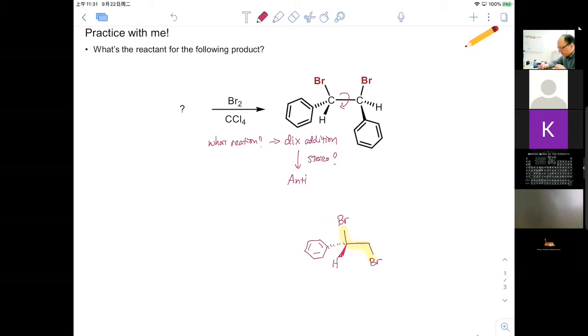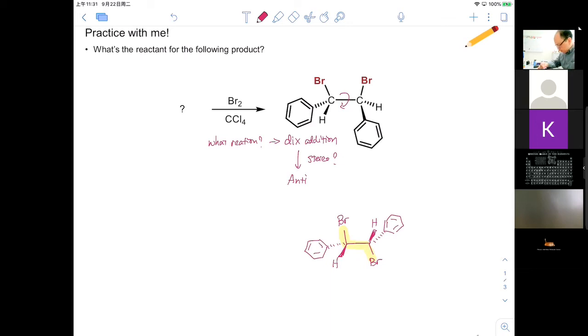Then the bromide will be rotated into the back here, and the hydrogen will be in the front here, and the phenyl pointing back. Okay, now you have this.